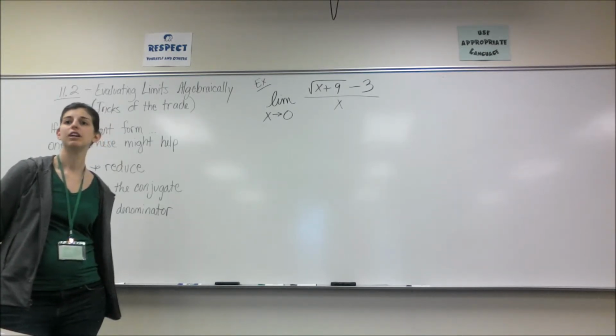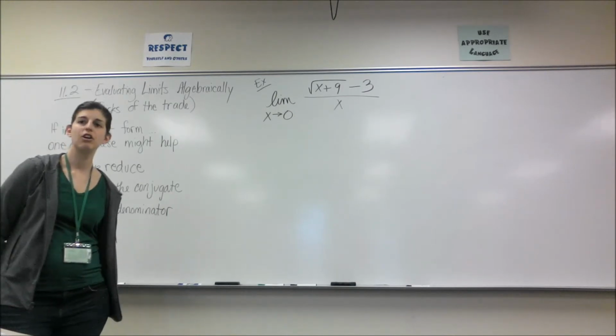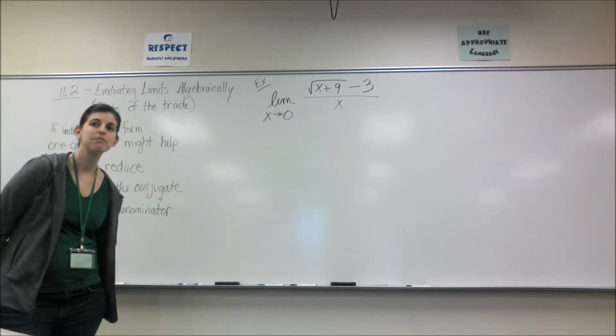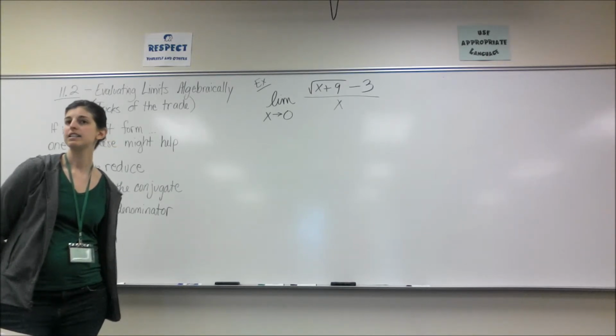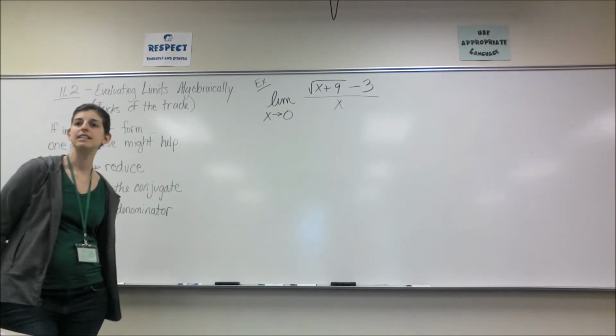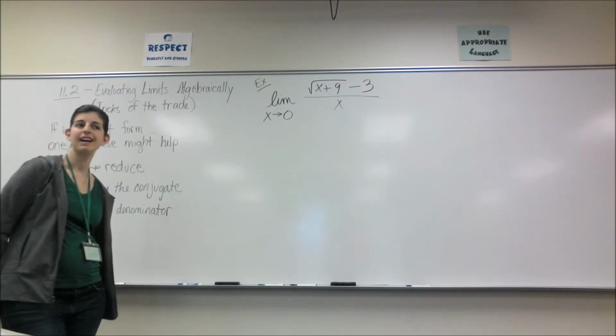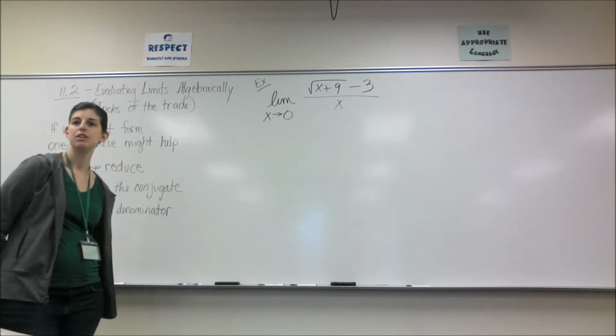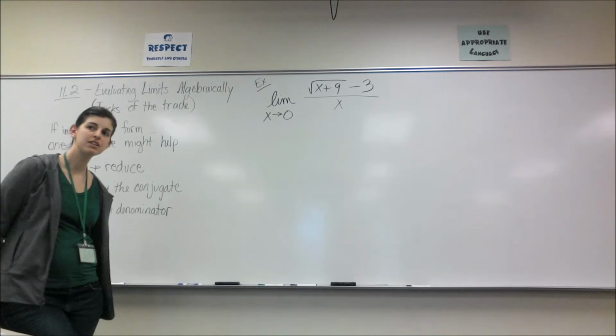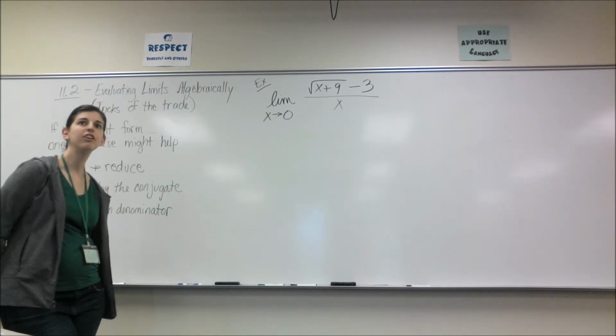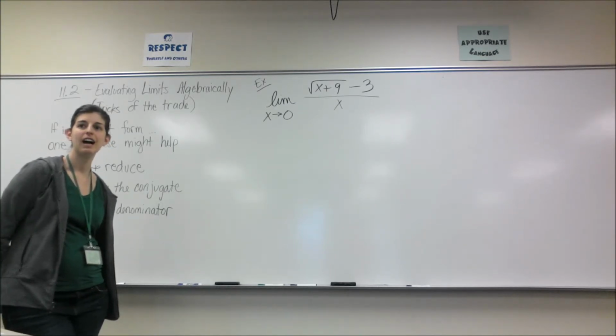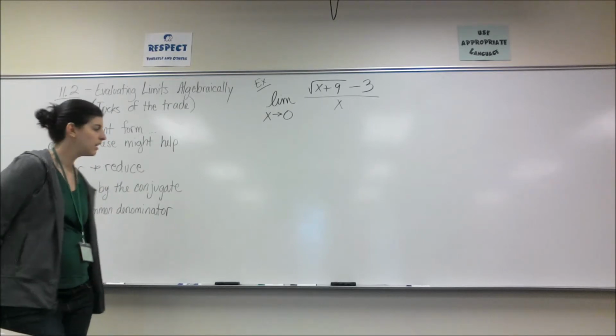Having the square root of x over x is not the same issue as having the square root of x plus 9 minus 3 over x. If I had only x's, that might be nicer because then x's can reduce.